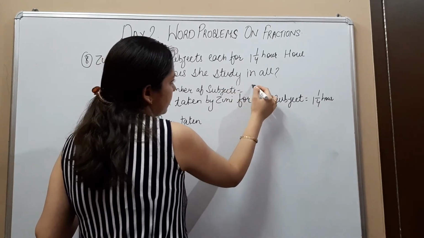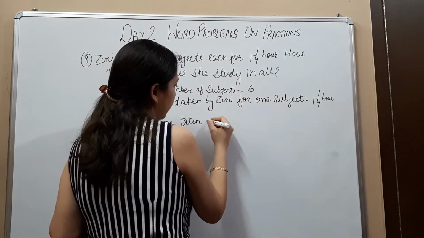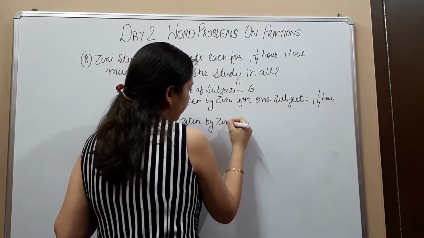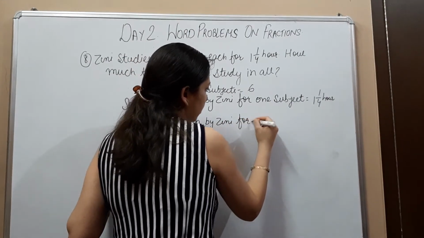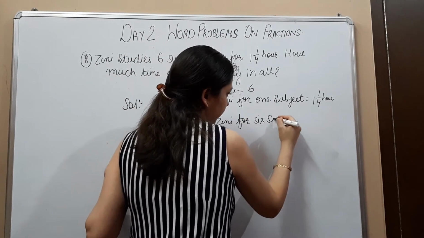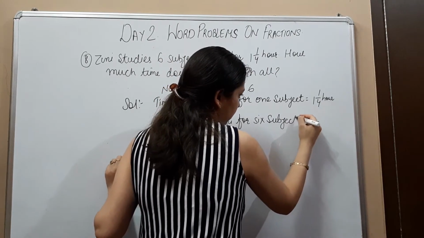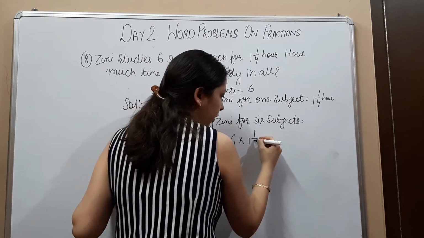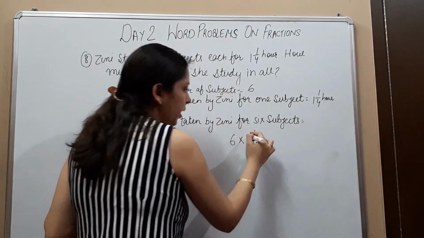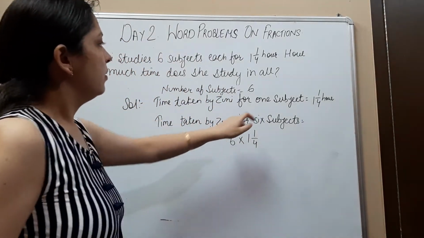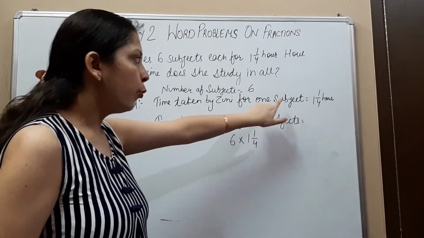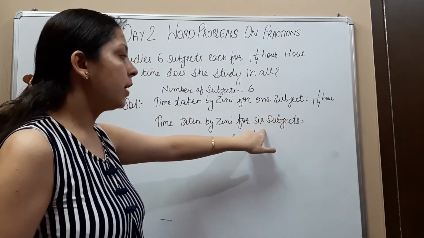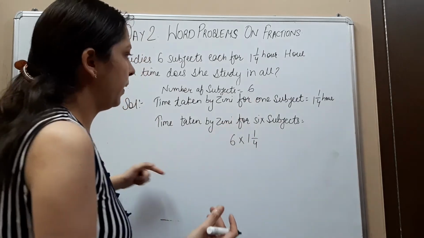Number of subjects is equal to 6. So time taken by Zuni for 6 subjects is equal to 6 times 1 whole 1/4, because we have given the time for one subject, and we have to find the time for 6 subjects. So we will multiply it.